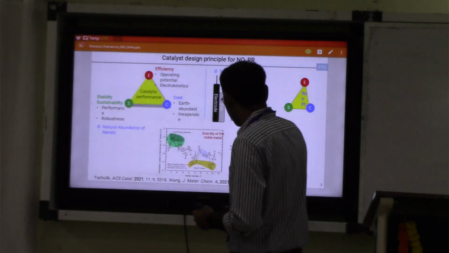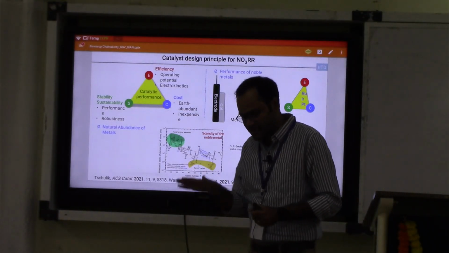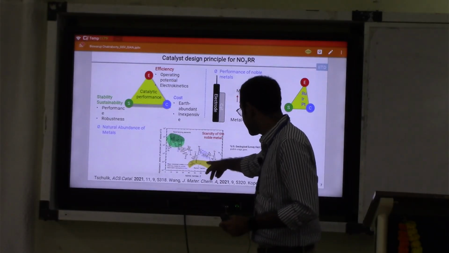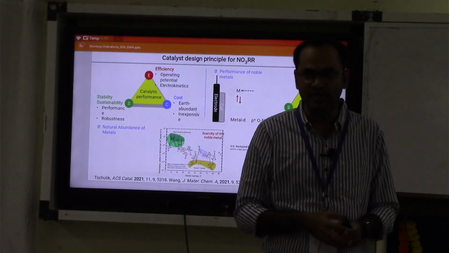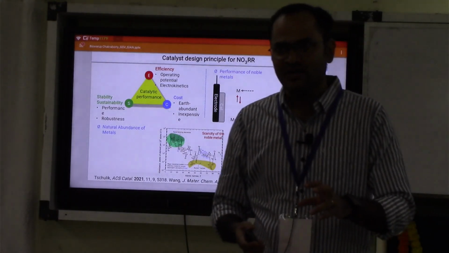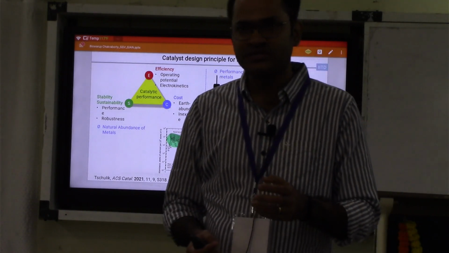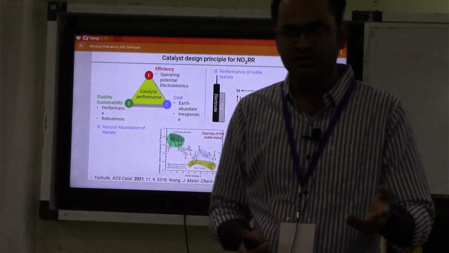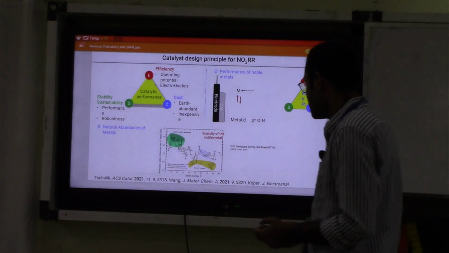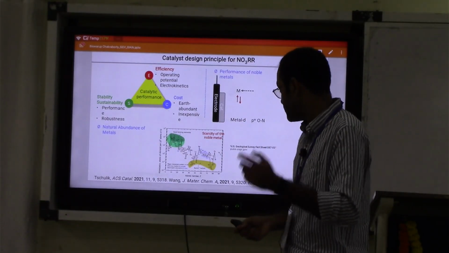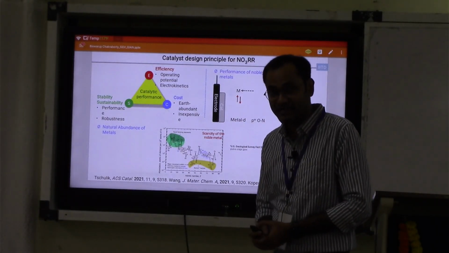Now if you look at this yellow region, that means abundance is pretty low. In that region these three metals arise. That is why, if you go to a laboratory and want to purchase platinum salt or ruthenium salt, 1 gram of the salt can cost around 20,000. So you must take care of the cost of the catalyst.